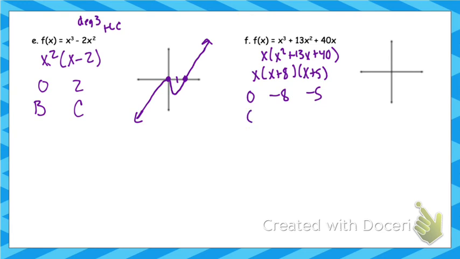Every one of those is a cross. Positive leading coefficient, odd degree. So up to the right, down to the left. Not a lot of space, sorry. All right, and then we're just going to cross, cross, cross.